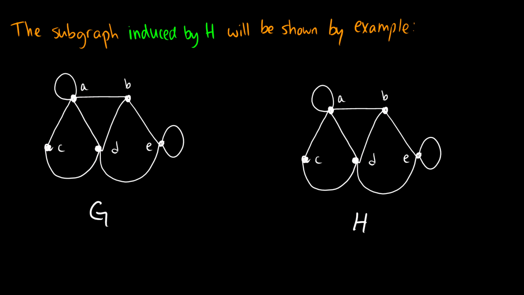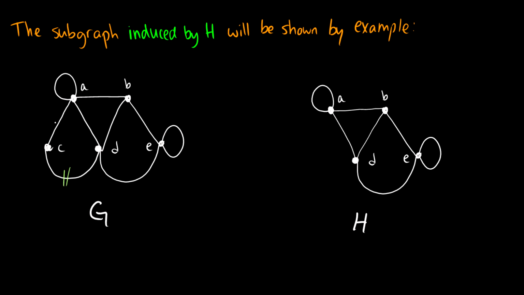Here's a nice trickier concept. The subgraph induced by H, and we're going to show an example of this. So here's what we do. When we induce a graph, we remove a vertex. So for instance, let's remove the vertex C. And when we remove a vertex, we remove only the edges that were incident to that vertex.